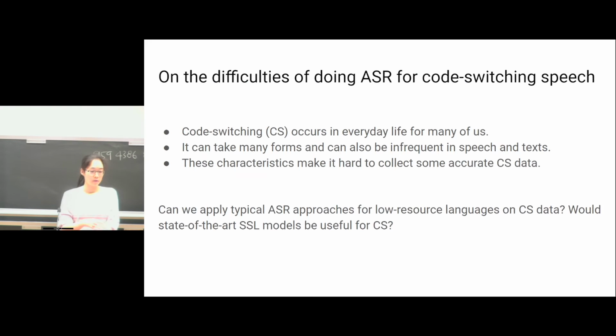For example, I could use some English words every 100 words, but some other people would use English every 4 words. Because of that, it's really difficult to find good examples of code switching speech because you don't know when code switching occurs.